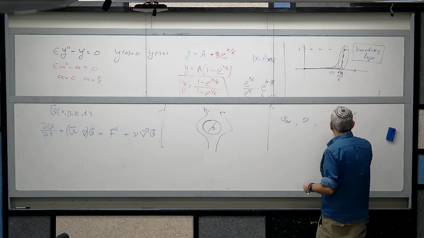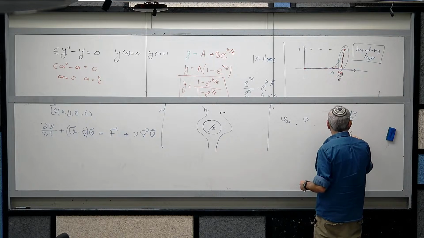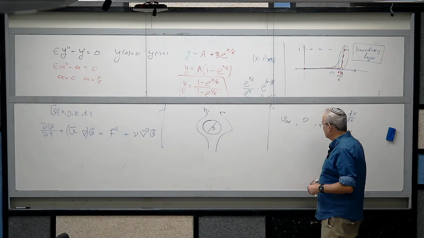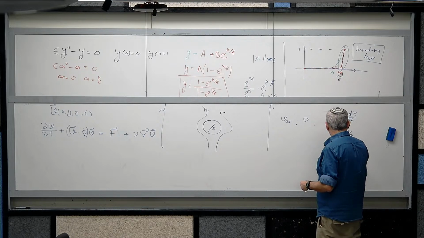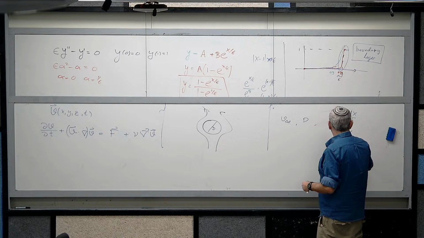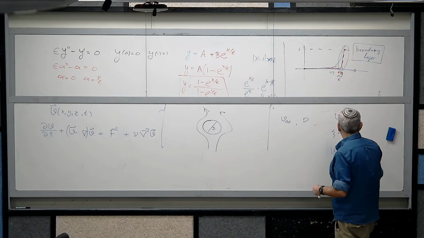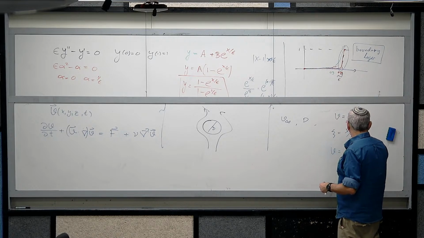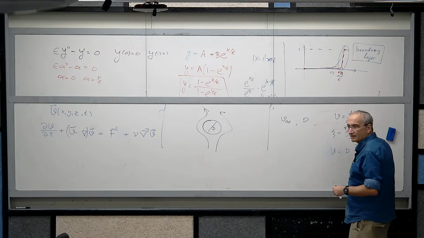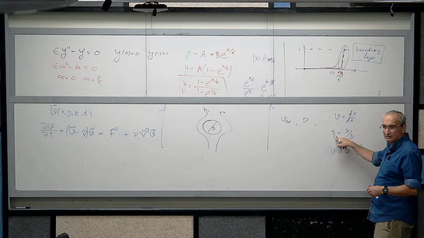I will define x_c as x over d, so dx is d times dx_c, and v will be d times dx_c/dt. You see, x_c is a dimensionless quantity.